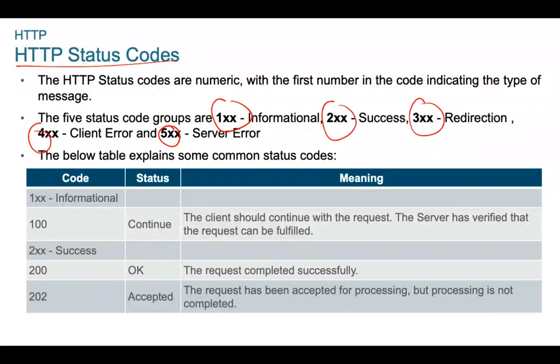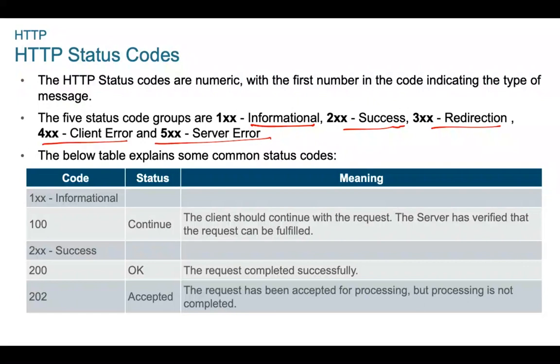So 1xx indicates information, 2xx indicates success, 3xx indicates redirection, 4xx indicates client error, and 5xx indicates server error.